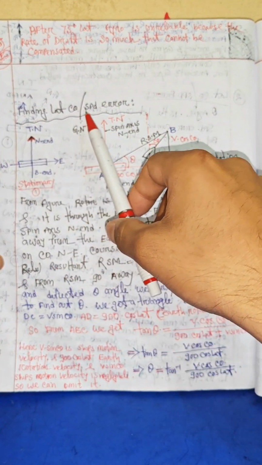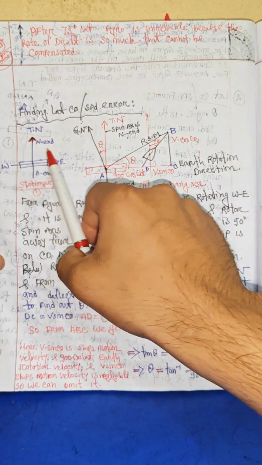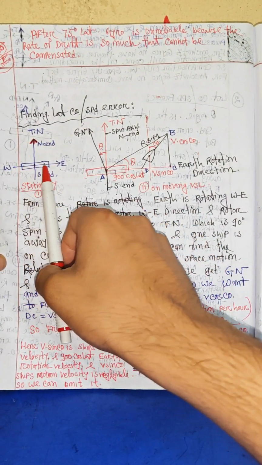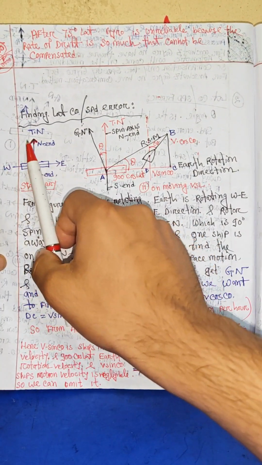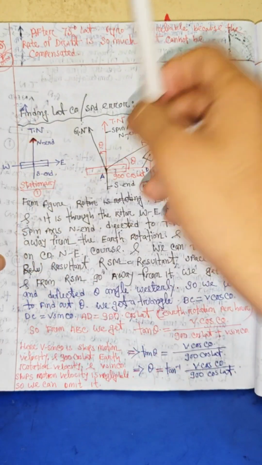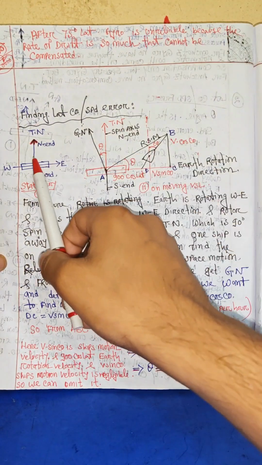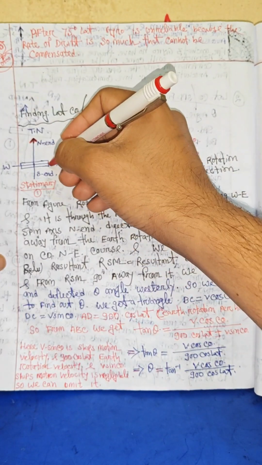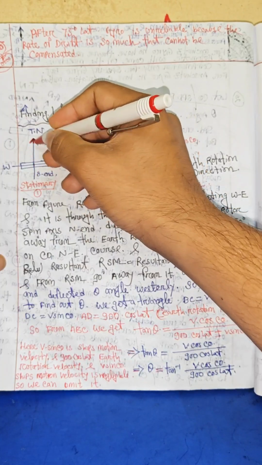You can see for finding the latitude, course and speed error, this is for the stationary gyro. This is the rotation of the earth, west to east. This is the north and south end, moving towards true north. So this north end is 90 degrees away from the earth rotation, meaning true north.